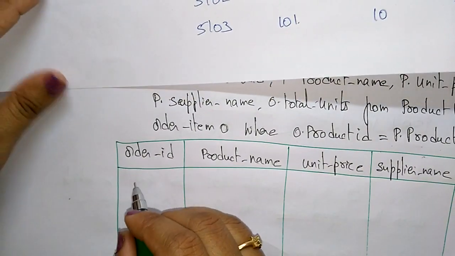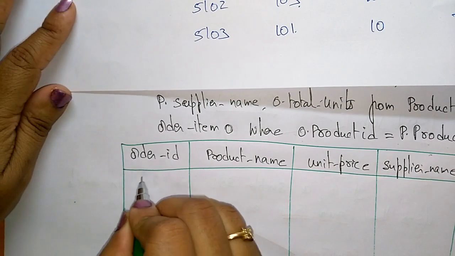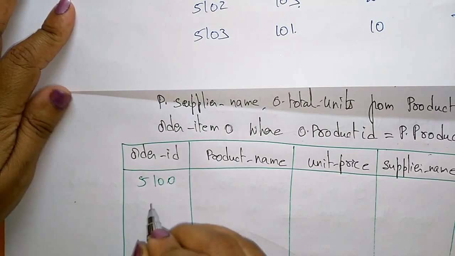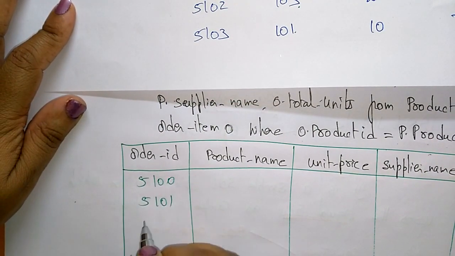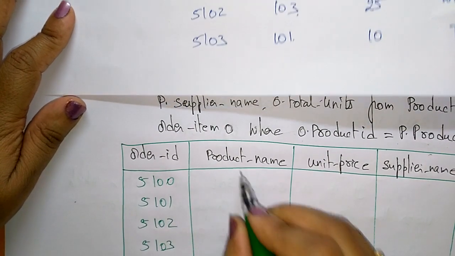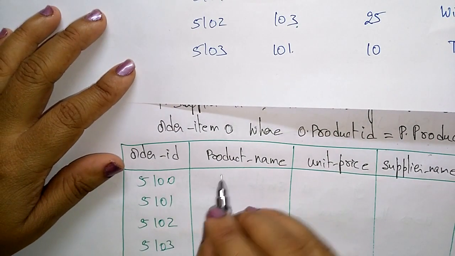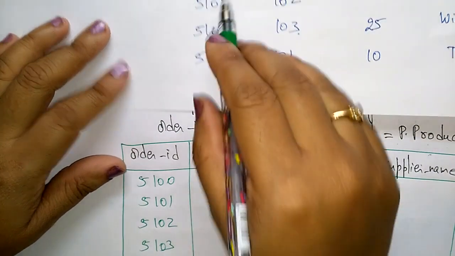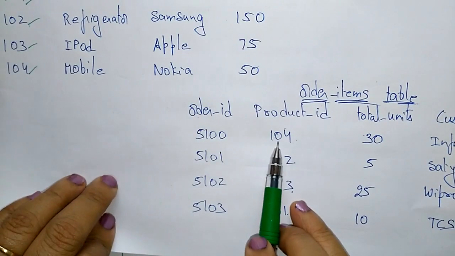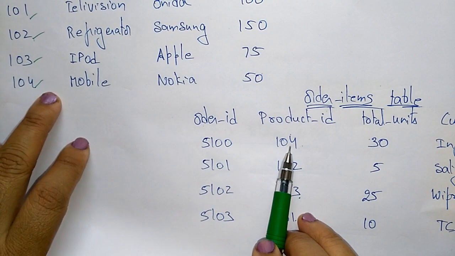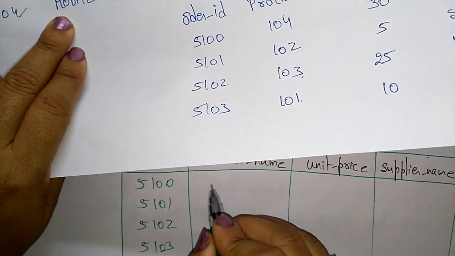The order IDs are 5100, 5101, 5102, 5103. For order 5100, the product ID is 104, product name mobile.